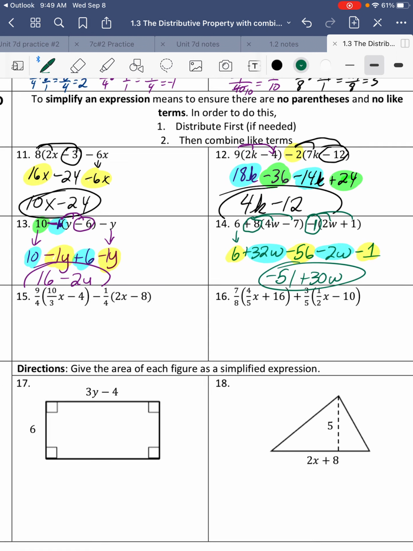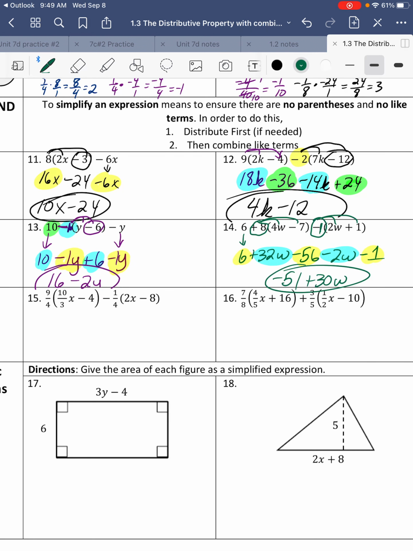15. We have fractions, so you multiply 9/4 times 10/3, so multiply the numerators and the denominators. 9/4 times -4 is -1, so multiply the numerators. -36, multiply the denominators, 4.